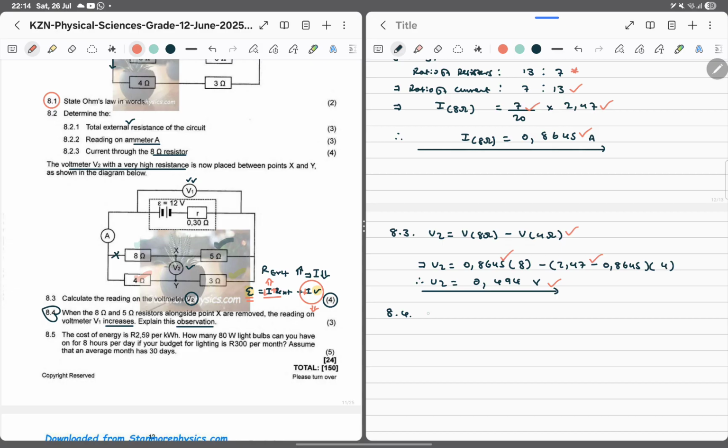We will just say, okay, the total external resistance will increase with a subsequent decrease in the total current.